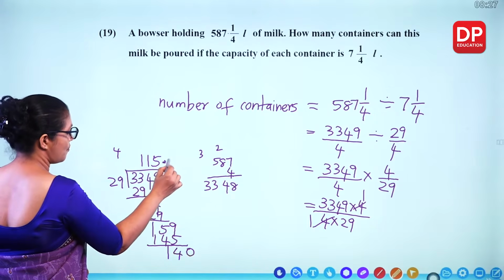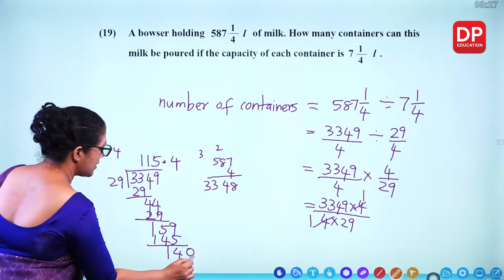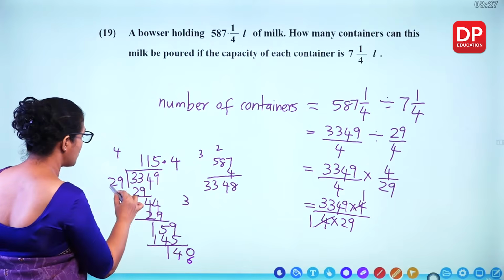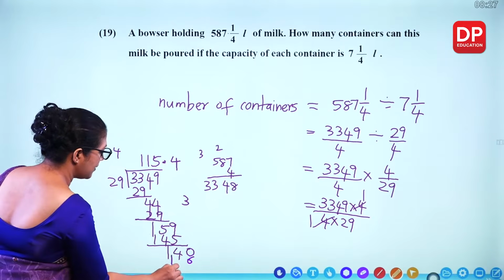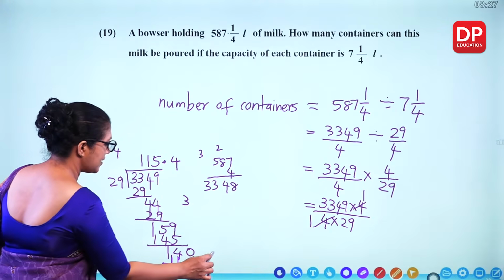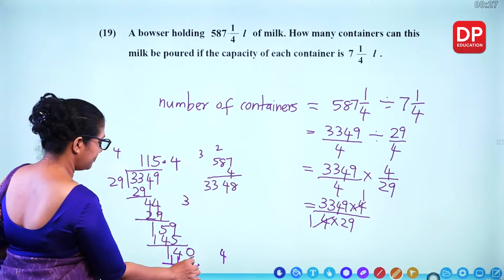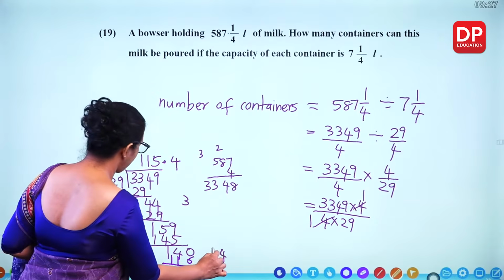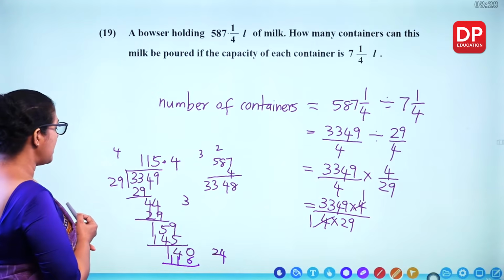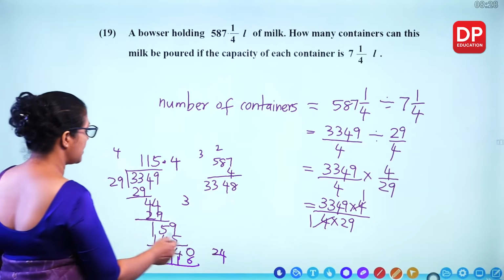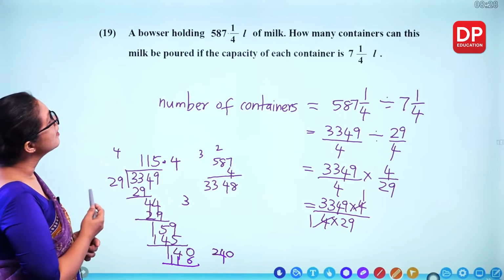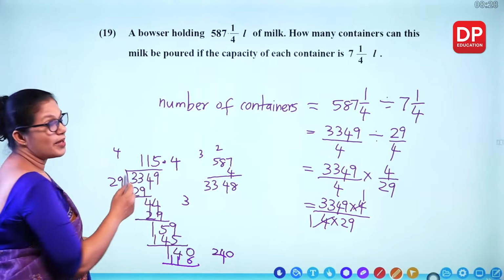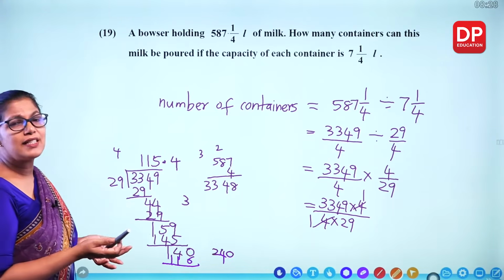So this is 4 times 9, 36, 3 remaining. 4 times 2, 8 plus 3, 11. What's the remainder? 24 remaining. And when you take 240, you can keep on going, but we need the number of containers.